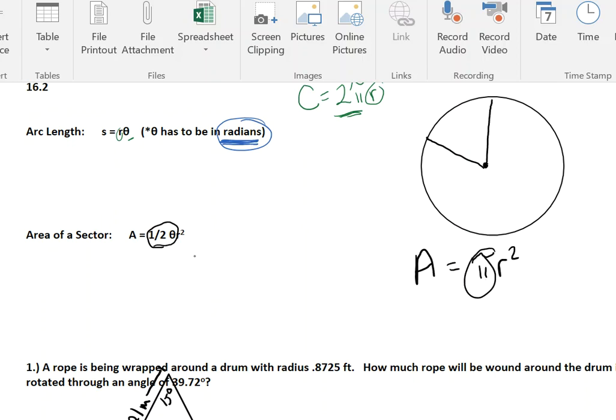So we're doing half of that to kind of show the difference between the two formulas. And the theta refers to only a portion. And again, the area of the sector refers to just a portion of a circle, not the actual entire thing. Noting that theta has to be in radians as it was for the arc length.